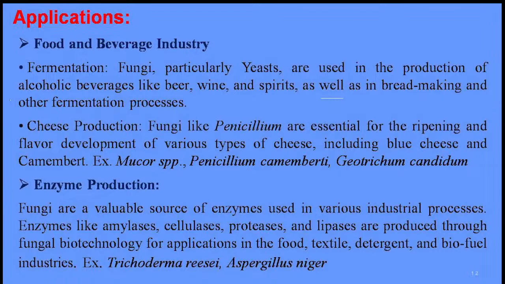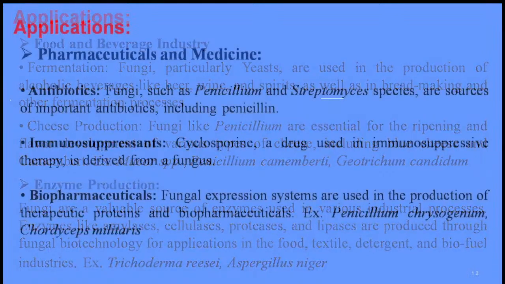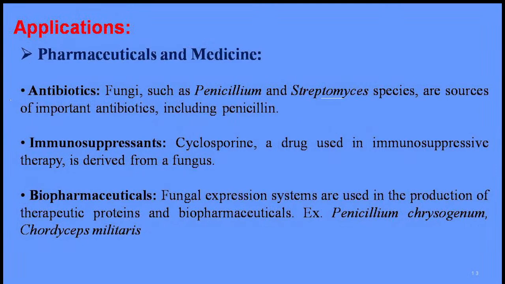Then fungi can be used in pharmaceutical and medicine industries. For example, we know well Penicillium and Streptomyces species are a rich source for the production of important antibiotics including penicillin. Then some fungi can be used as immunosuppressants. So cyclosporine, a drug used in immunosuppressive therapy, is derived from a fungus.